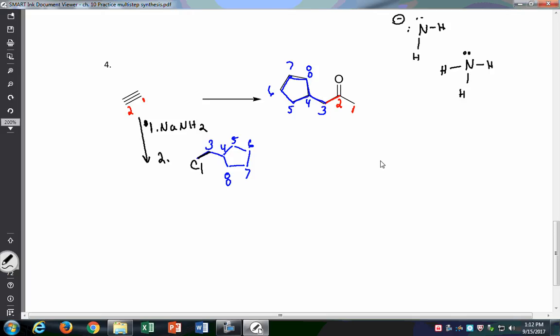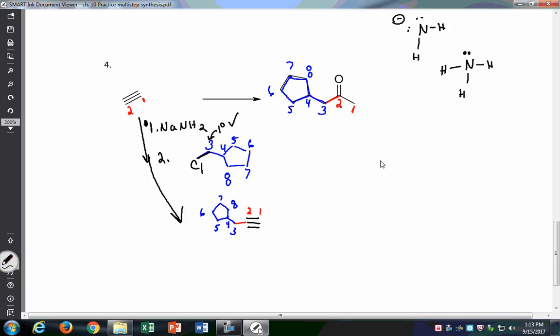So count your carbons. Make sure you're not adding too many. Carbon 3 is primary, which it needs to be, so we're good there. So that will form, and I'm just going to draw it in the same way that this is oriented. So I have the right amount of carbons, and I drew that correctly.